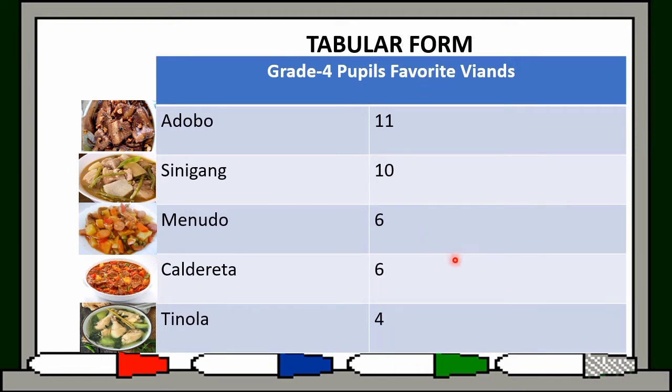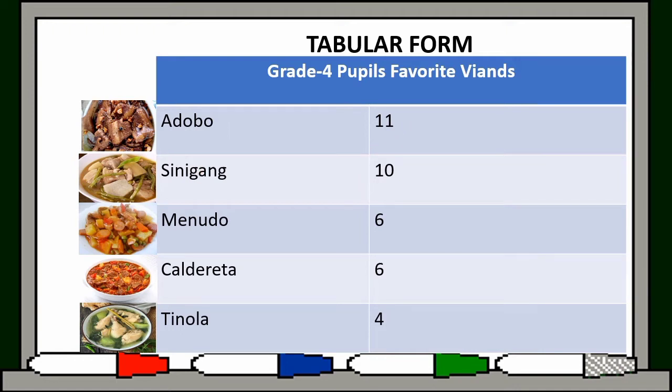At parehas naman ang resulta ng boto ng menudo and caldereta. 6 na pupils ang may gusto for menudo and caldereta. And then yung second favorite ng mga grade 4 pupils when it comes to viands ay sinigang, which has 10 pupils na bumoto.